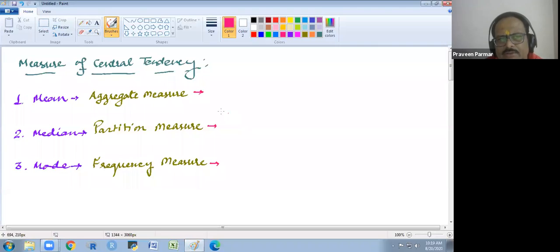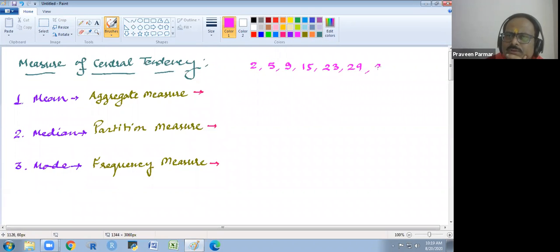Now, mean is the aggregate measure. If I write something here: 2, 5, 9, 15, 23, 29, 32. These are the values.